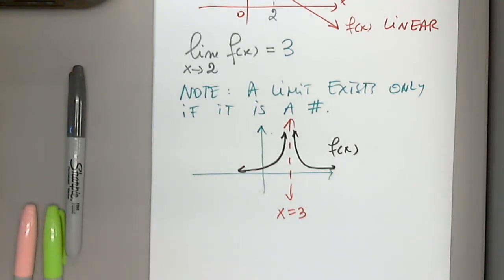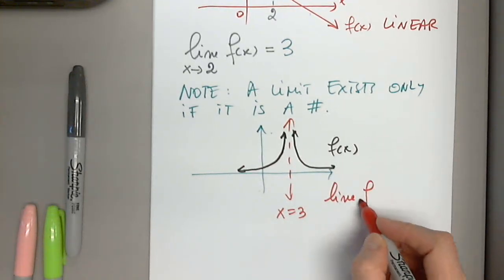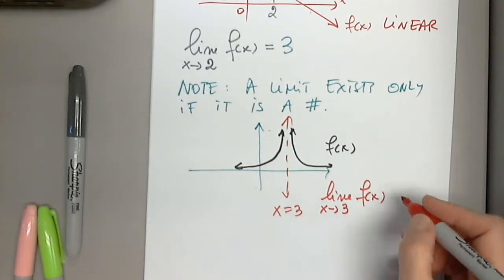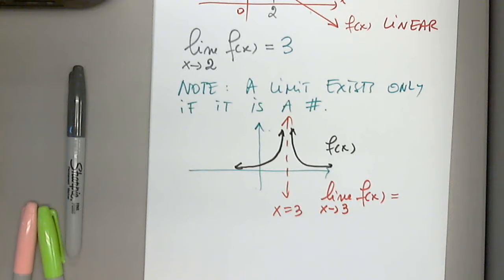And I will say that the limit of f of x as x approaches 3 from either side. What do you think the answer would be? Yes. This is a way of saying it doesn't exist. How does it not exist? It's infinity. It's not a number. The limit does not exist if it is not a number. Infinity is not a number. It's just a symbol.